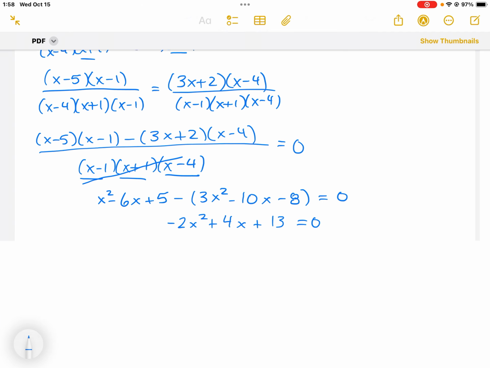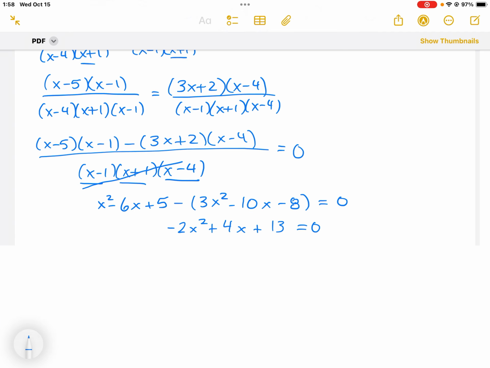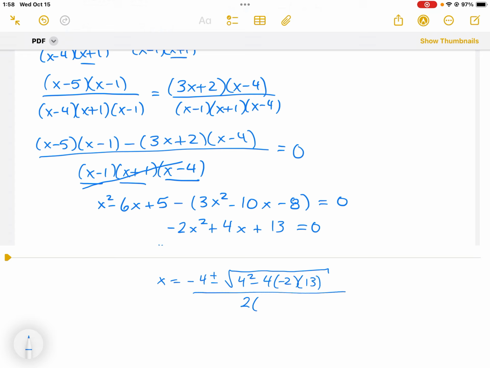So I'm going to default to the quadratic formula, which is x equals negative b plus or minus the square root of b squared minus 4ac, all over 2a. I can simplify that to get minus 4 plus or minus root 120 over minus 4.